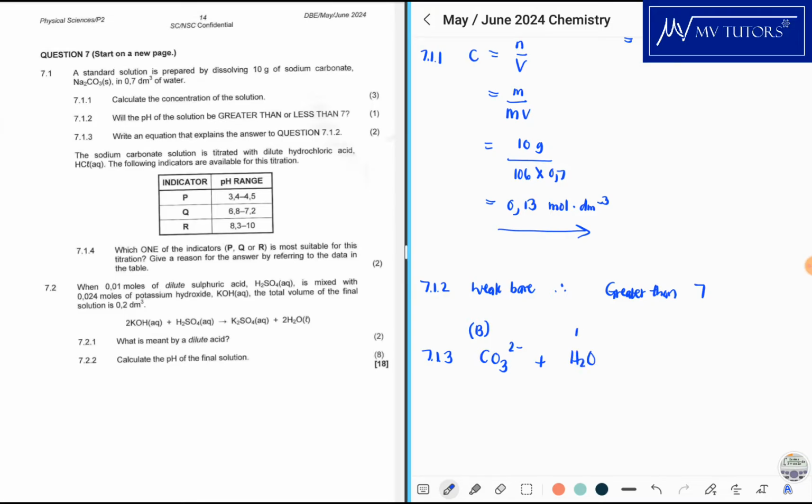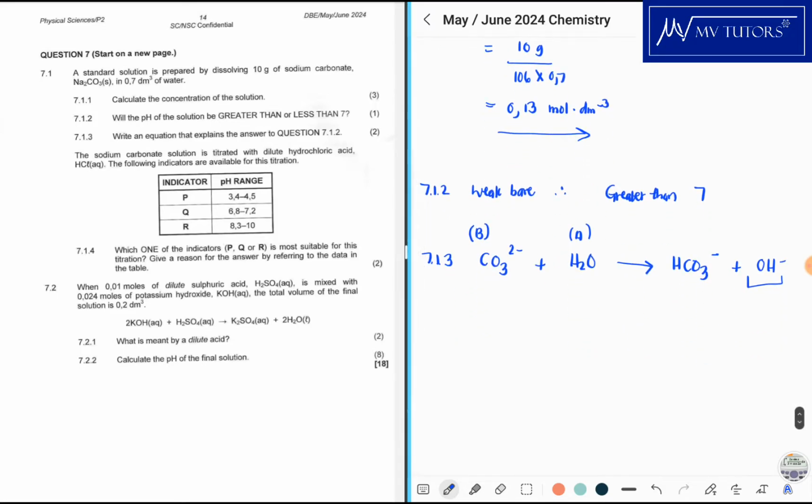Your acid tends to donate a proton, so you're going to have HCO3 minus instead of 2 minus. And then you're left with the OH. So this just tells you that really we have a base here. So the pH should be greater than 7.